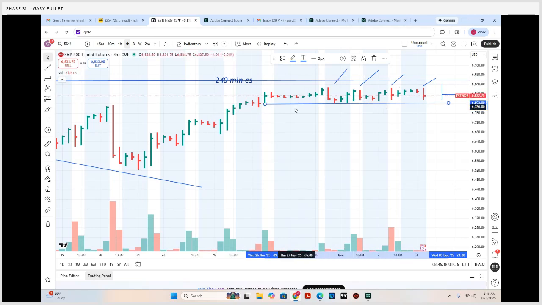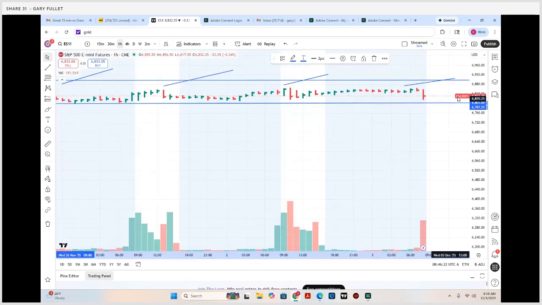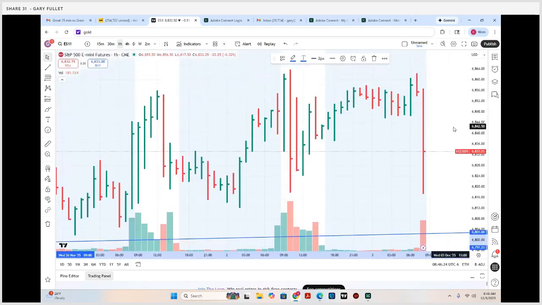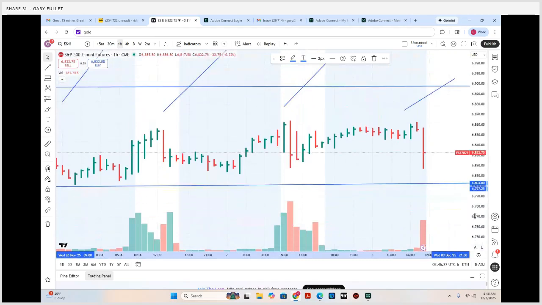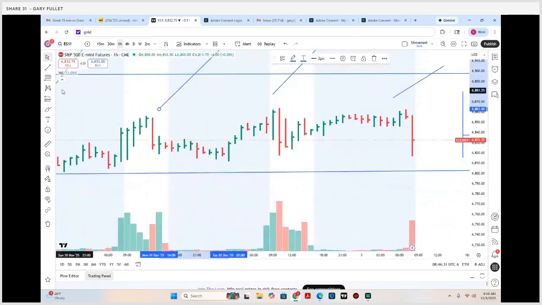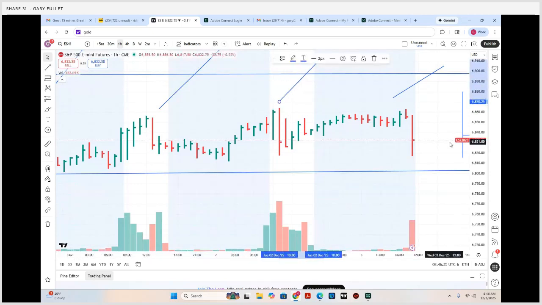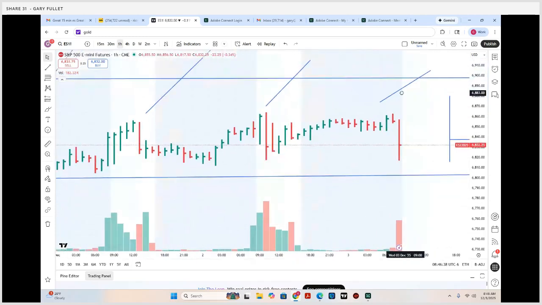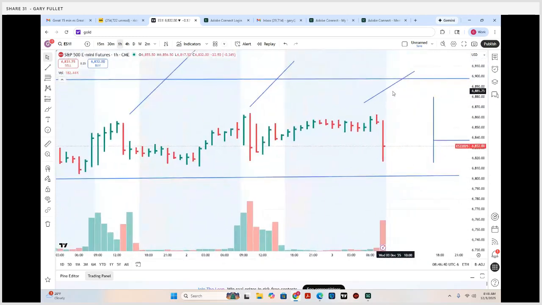So there's a little bit of distribution on the 4-hour chart. On the hourly chart, you see it more pronounced, don't you? You see it here, you see it here, and now you see it here.